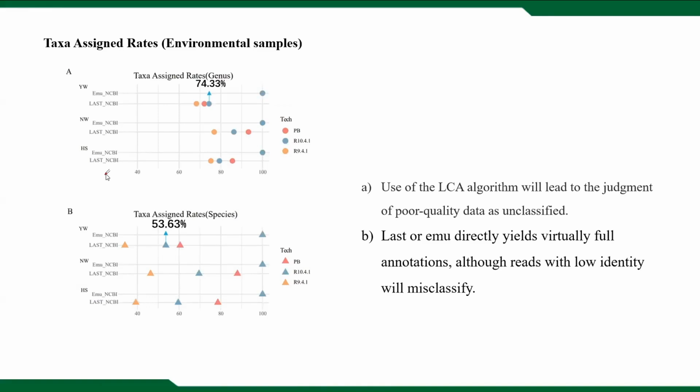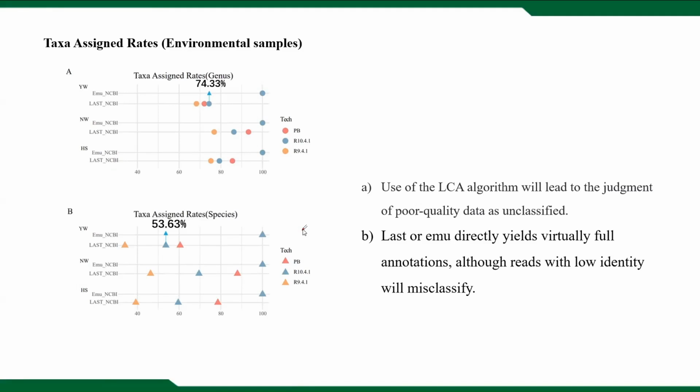Mock communities can be used for evaluating the performance of different sequencing platforms, but they lack richness. Therefore, we analyzed the microbial compositions produced by different platforms using real samples, water and soil. All samples were verified based on the minimal number of reads.